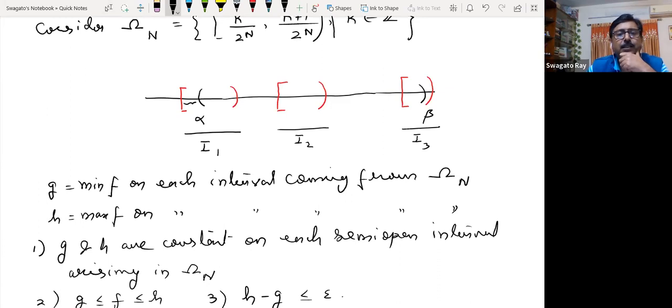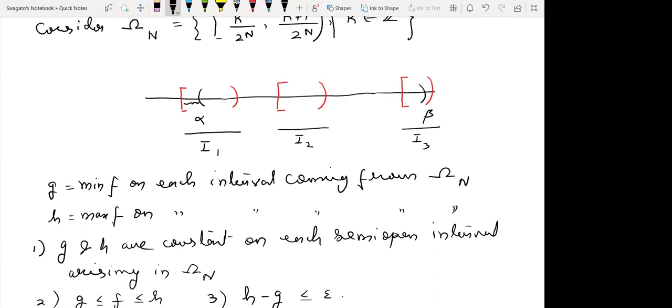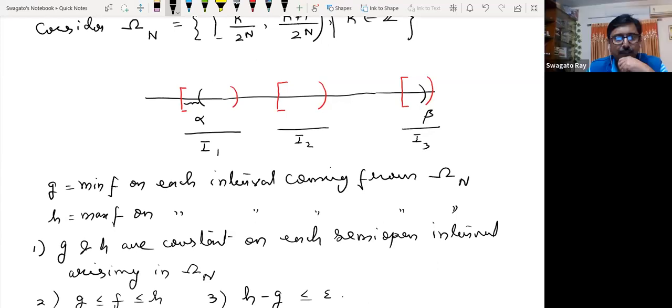If I look at this region, what will be the value of G here? Zero. What is the value of F there? 0. So what is the value of G there? 0. Now I look at this small extra left out portion here. Okay. So what is the value of F here?